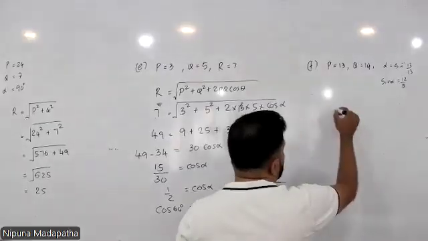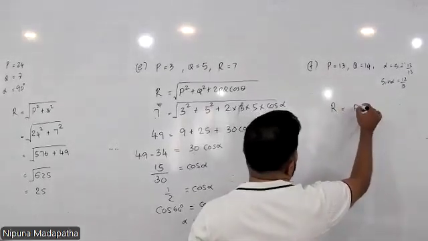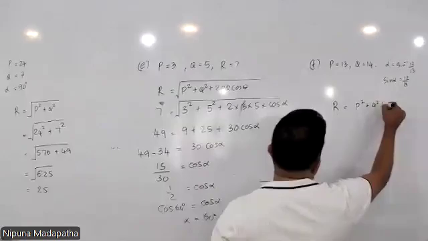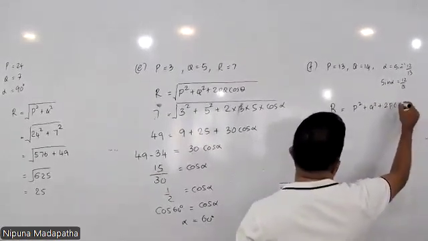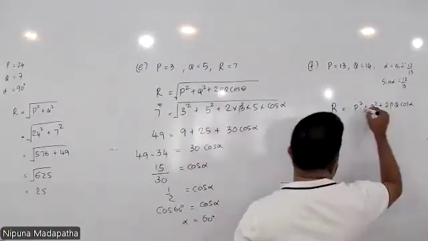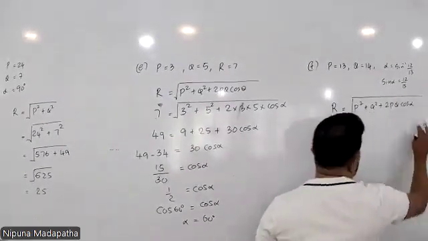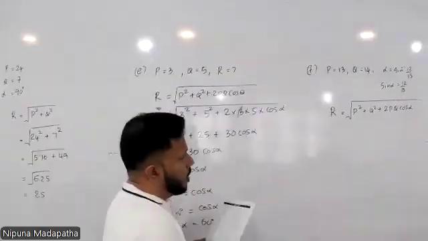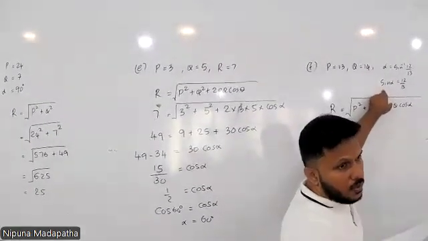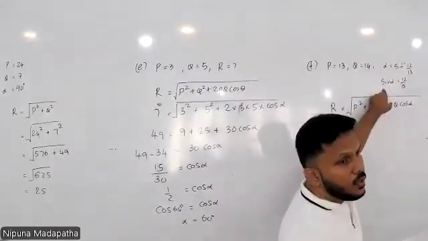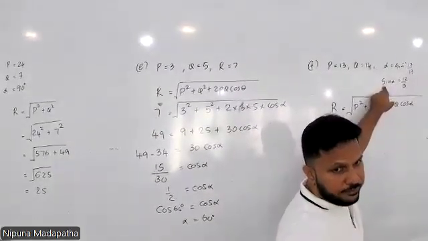So our expression R equals the square root of P squared plus Q squared plus 2PQ cos alpha. Then we need to find the value of cos alpha, but they have given the value of sin alpha. So how do you obtain cos alpha from this?